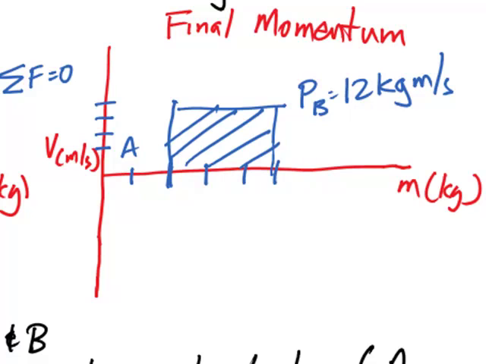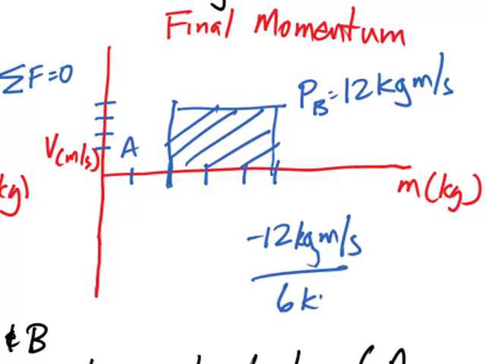A, we know, is 2 kilograms, so the velocity is 12 kilogram meters per second divided by our 2 kilograms, which tells us that the velocity is going to need to be minus 6 meters per second. So 1, 2, 3, 4, 5, 6.